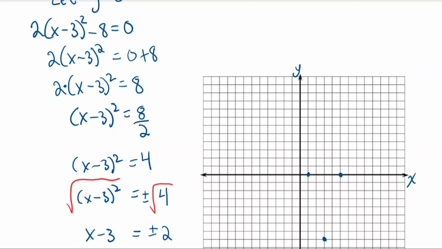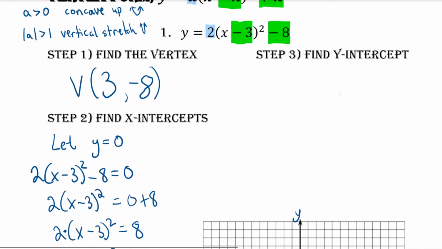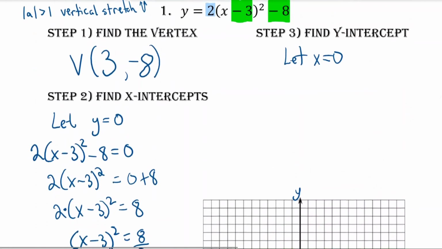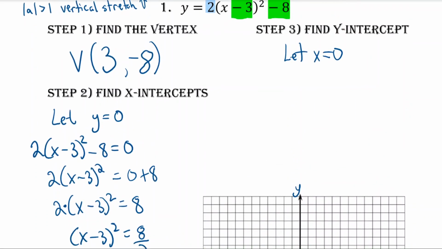Well, we need to let our x value equal 0, right? Think about it this way. Here's our x. It needs to be 0. Where am I up and down? Where am I here when x equals 0? So our equation becomes y equals 2 times 0 minus 3 squared minus 8.